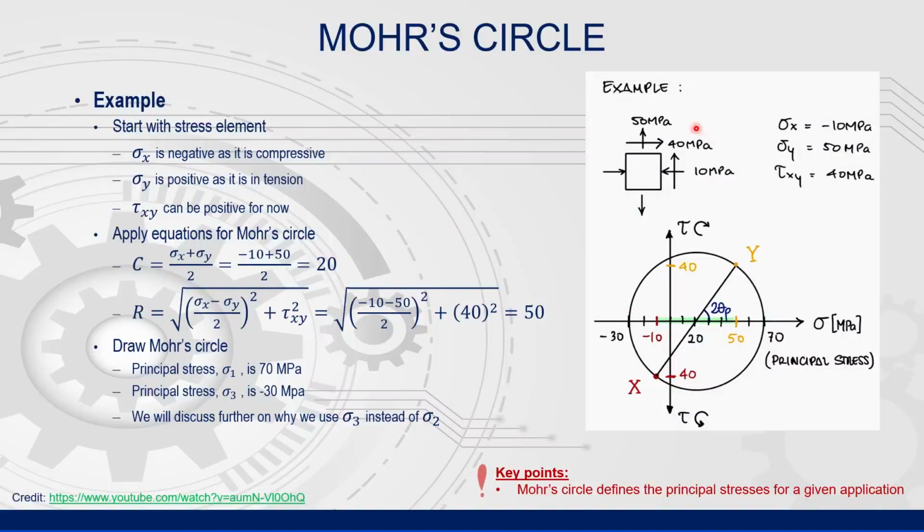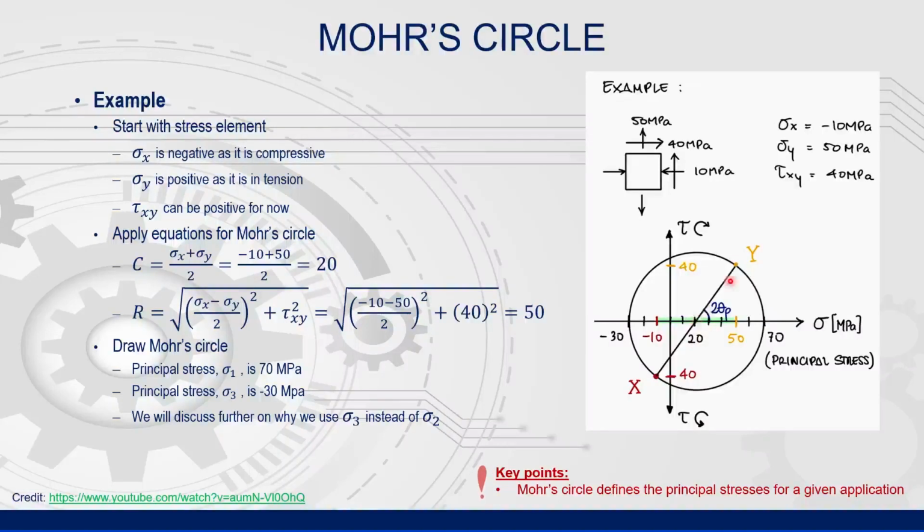To execute Mohr's circle, we start with our stress element setup. We use this formula to calculate the center of Mohr's circle. It involves the average of the stress in the x and y directions. We locate that center on the horizontal axis.